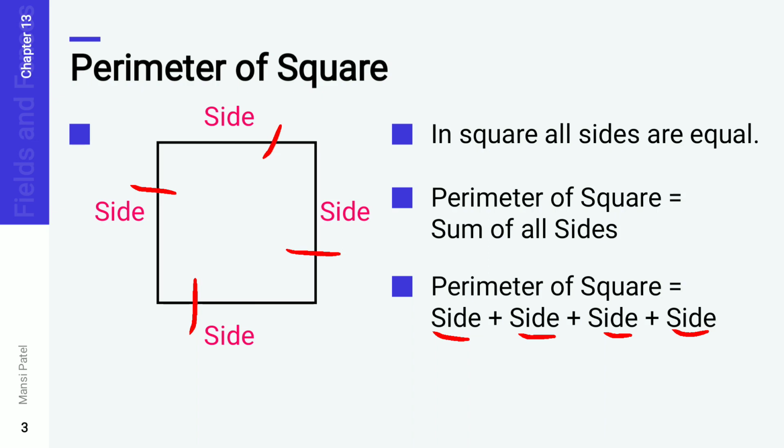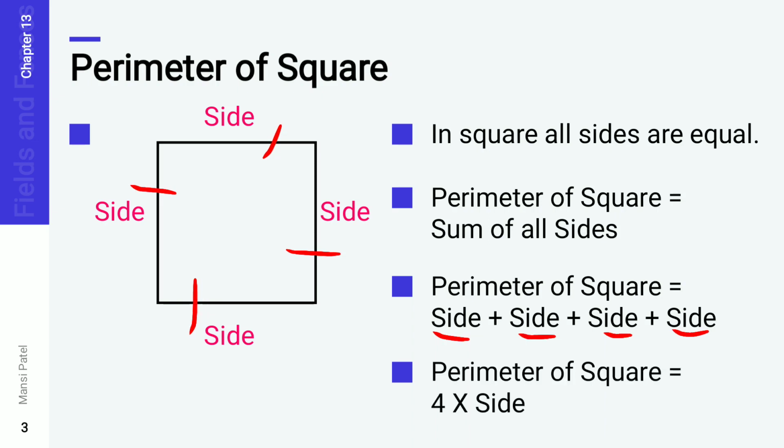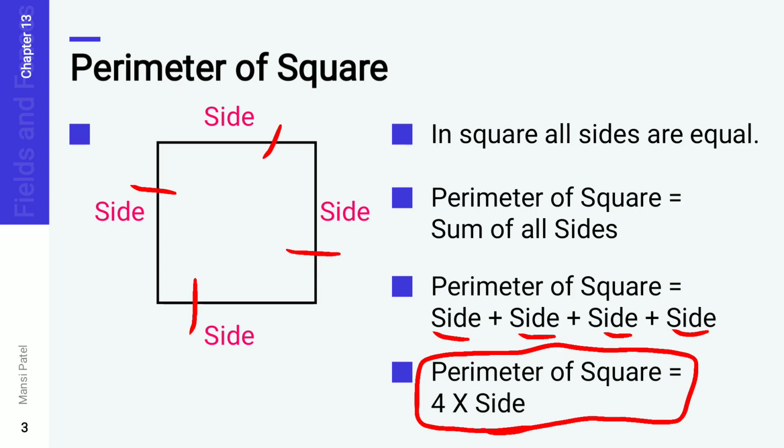Now you can see here, this is one type of repetitive addition. Here we write the side 4 times. Therefore, to find the perimeter of a square, how many times do we write the side? 4 times, multiplied by side. So the formula to find the perimeter of a square is 4 multiplied by side. This formula you have to remember.